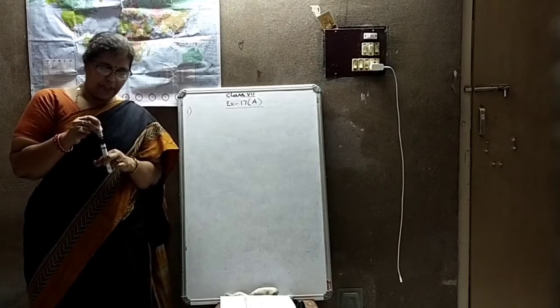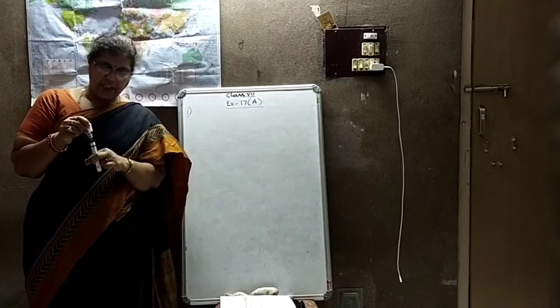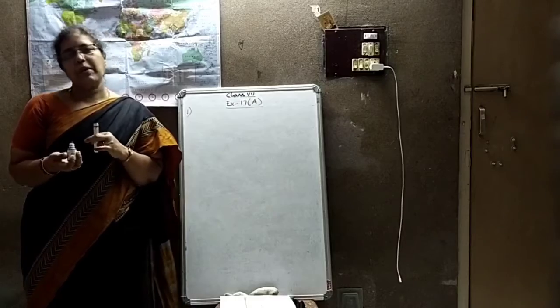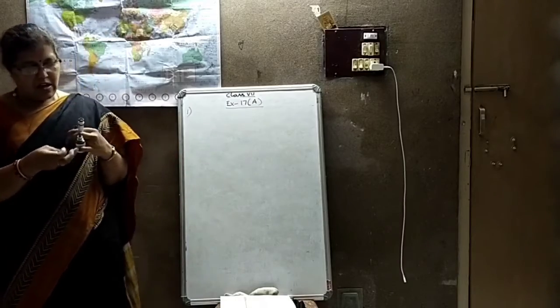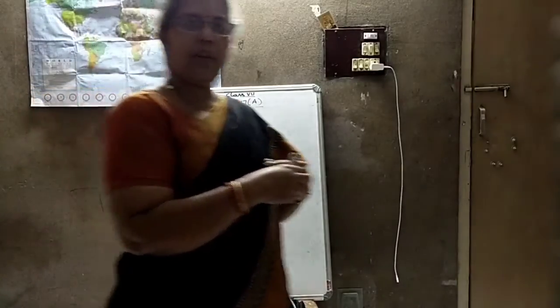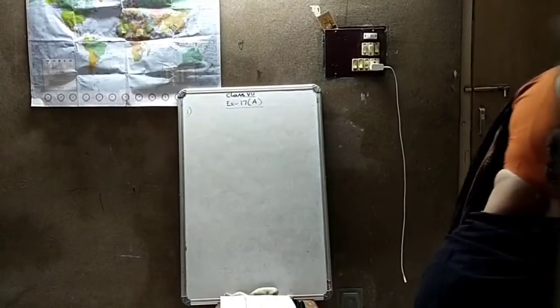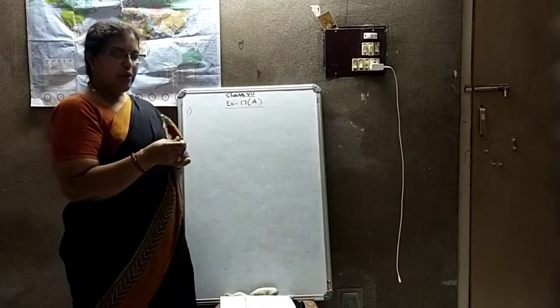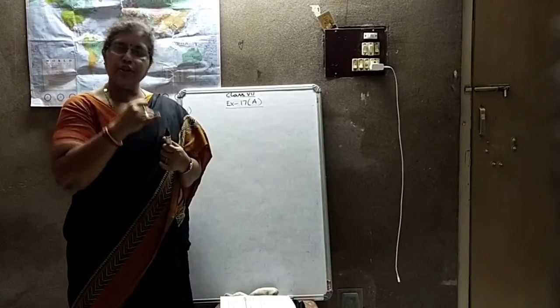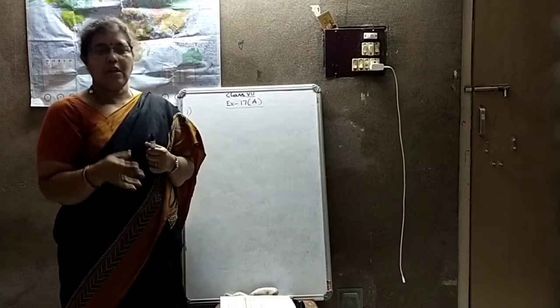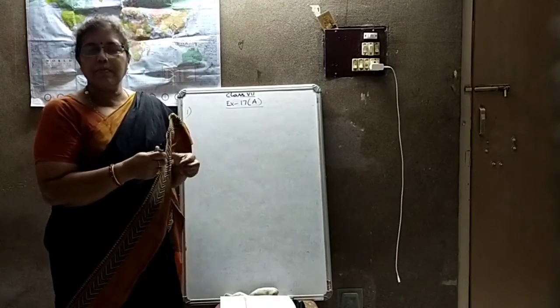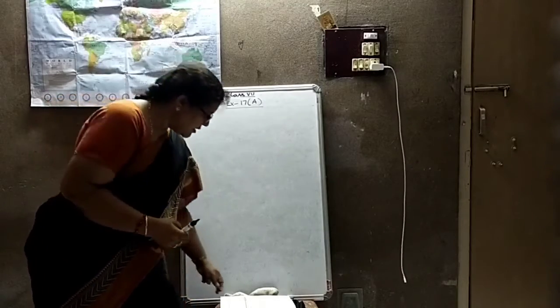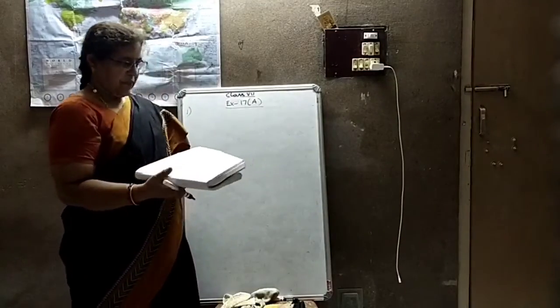All these four operations are called fundamental operations, the first four mathematical fundamental operations. We call them arithmetical operations. Based on constants, variables and arithmetic operations, we should frame the algebraic expression. Right?